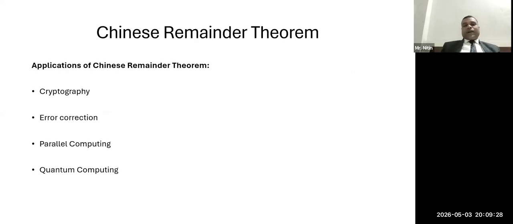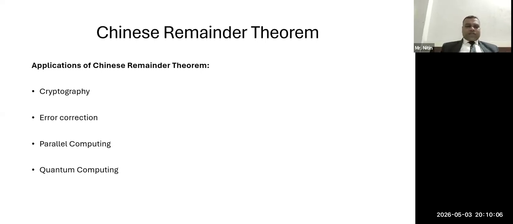Next is the basic application of the Chinese remainder theorem. Number one, it is used in cryptography. You might have heard this term, guys, cryptography, in networking. We will learn what is meant by cryptography. Number two, error detection. Yes, this theorem is used for detecting errors also, specifically in the computer field.